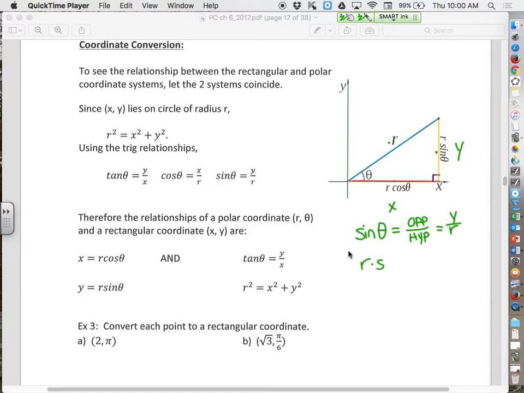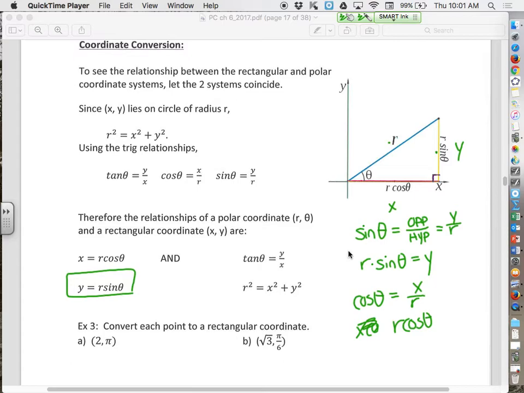I would have r times the sine of theta equals y, and that's where this equation comes from over here. You could do the same thing for cosine. Cosine of theta would be x over r, so r times cosine theta would equal my x, and that's where this equation is coming from.